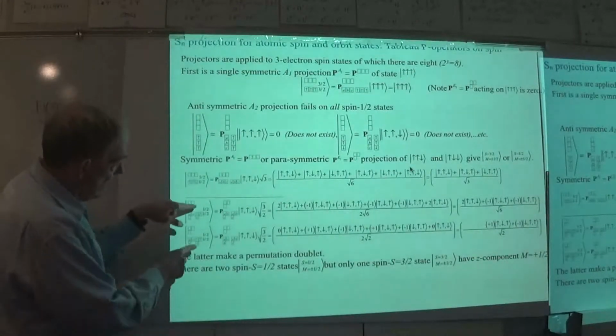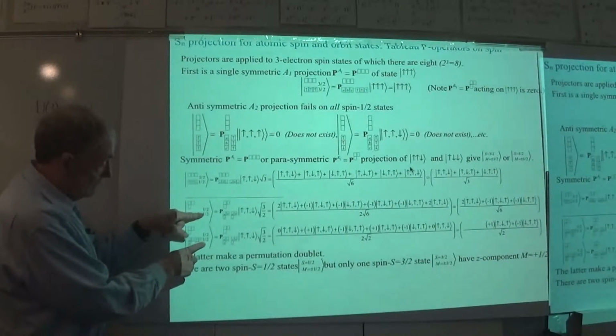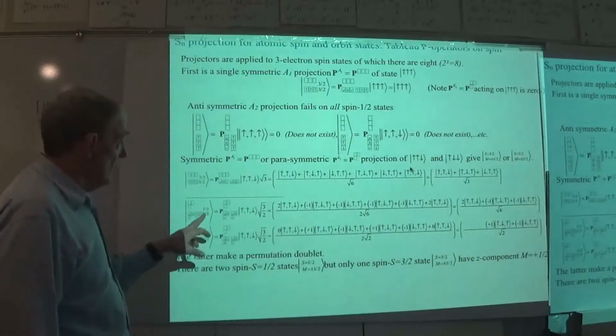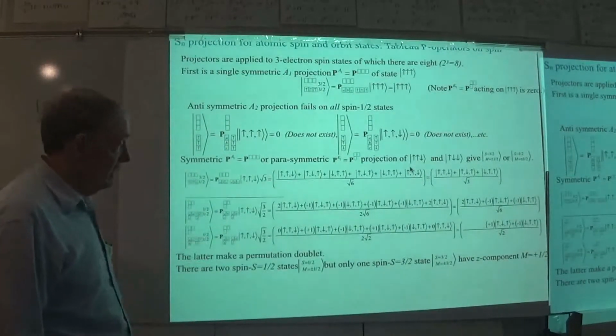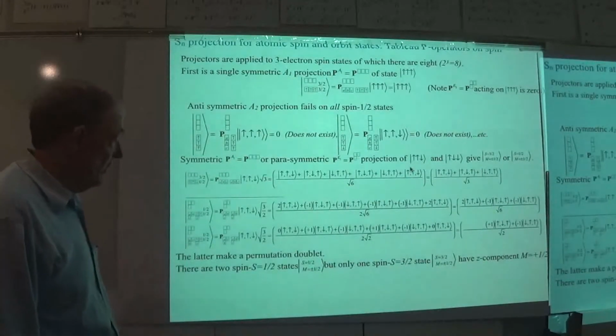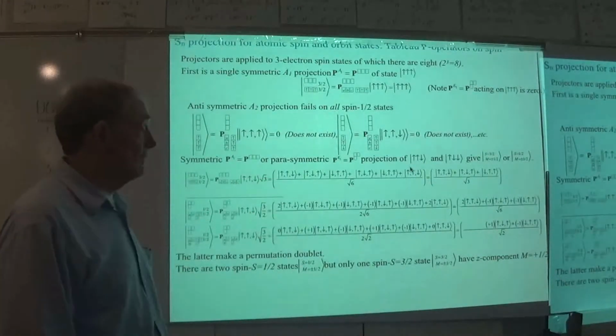But both of them are spin a half and spin up total. There's more up than down by 1, so this has a positive a half there. Putting the angular momentum values in as an afterthought is what this allows us to do and get right.